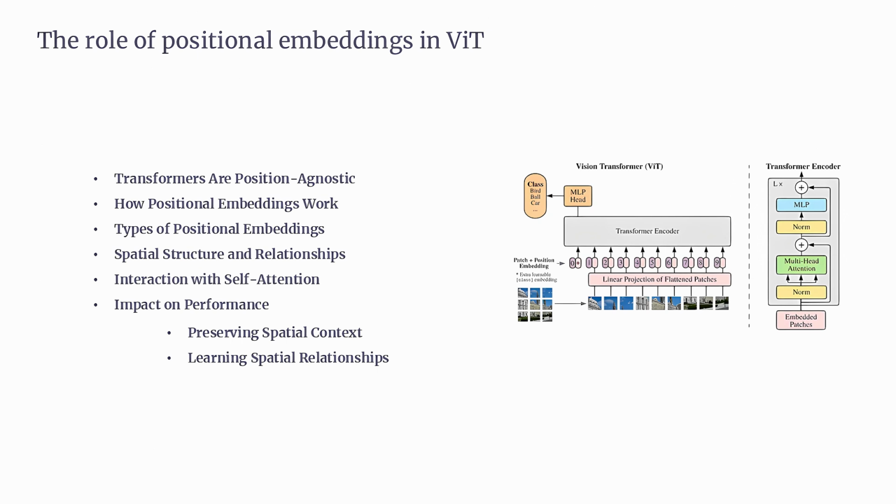For example, the patch at the top left corner would have a distinct positional embedding compared to the patch at the bottom right corner. These embeddings help the model differentiate between patches and learn the spatial relationships. In summary, without positional embeddings, the vision transformer would treat the image patches as an unordered sequence, making it impossible to learn the essential spatial relationships required for most computer vision tasks.